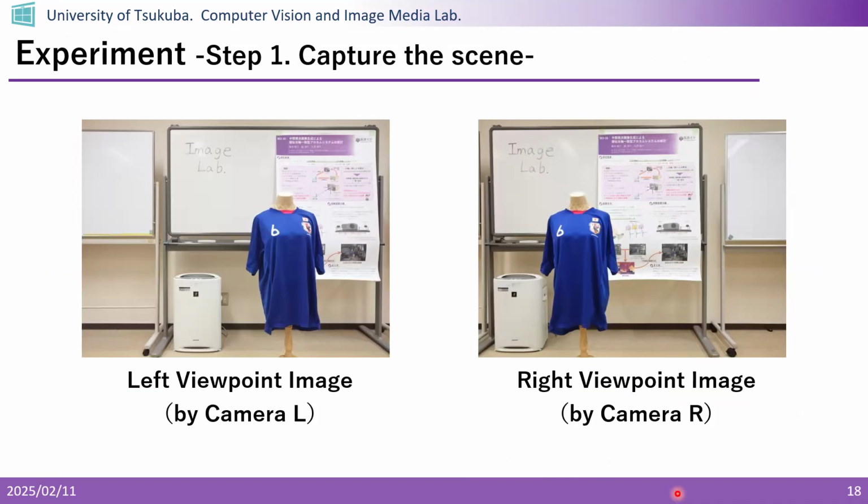These are images captured by the 2 cameras, camera L and camera R. Please look at the mannequin wearing a blue uniform. In the left viewpoint image, he is positioned closer to the right. In the right viewpoint image, he is positioned closer to the left.